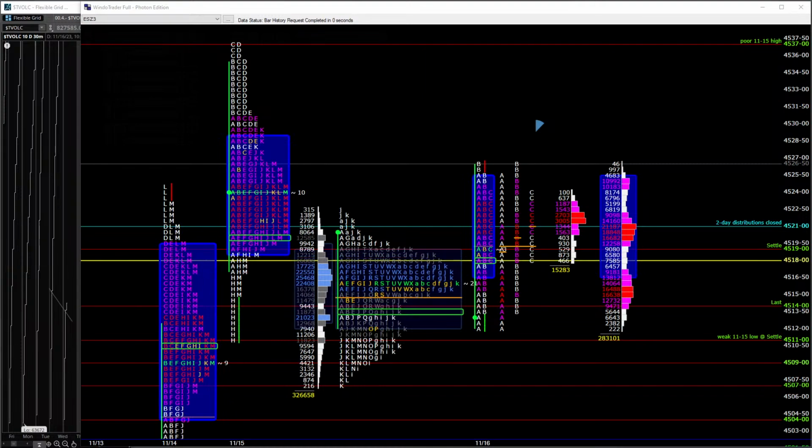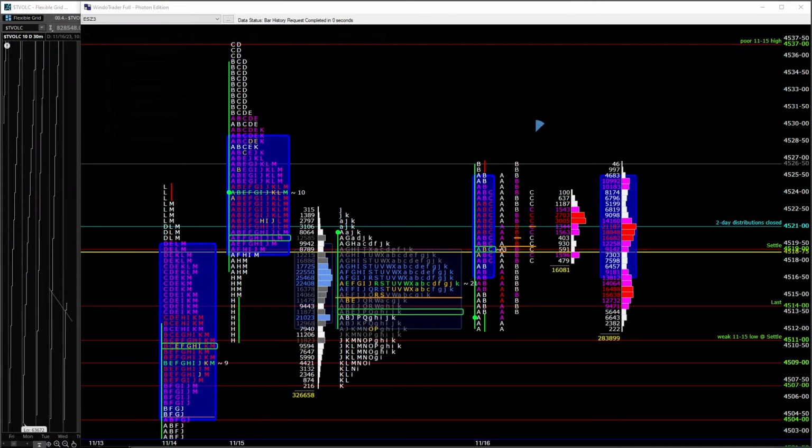Because the market is to the upside, everything is to the upside. And sometimes it's better to be a little bit late than too early. Can you see what's happening with value? Value is moving higher. It's about to get inside yesterday's value.